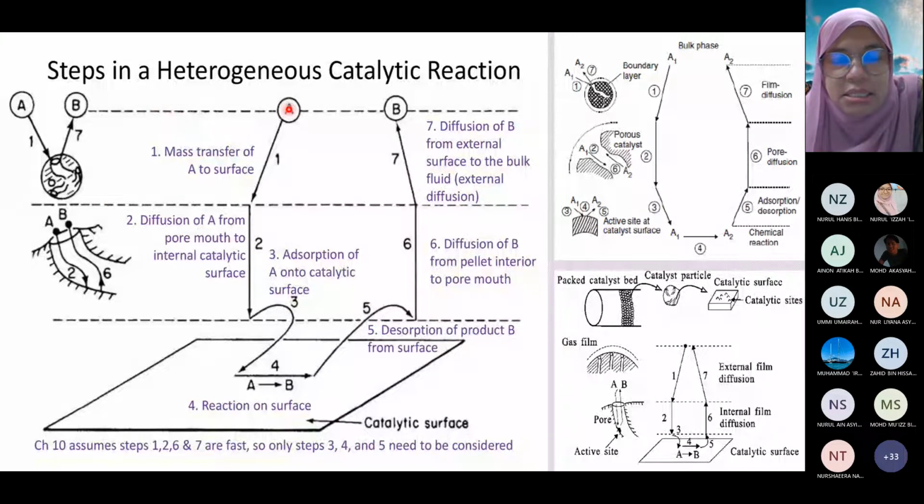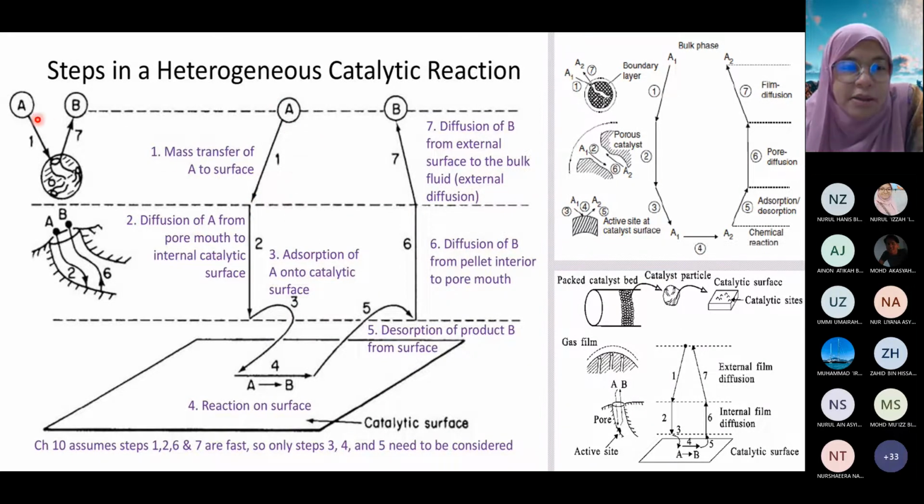This one is bulk fluid. And here is the boundary layer with thickness. Dia ada thickness dia. So how the reactant absorb? Reactant sebenarnya dia absorb. So berlakunya mass transfer from bulk fluid. Mass transfer of reactant A from bulk fluid to the external surface of catalyst. So this is step 1.